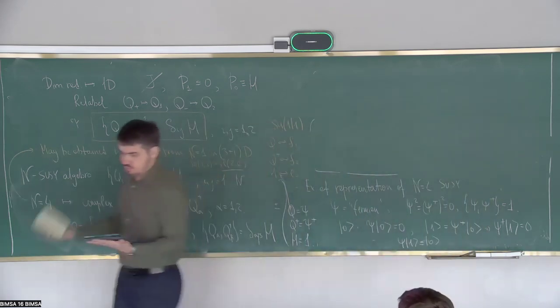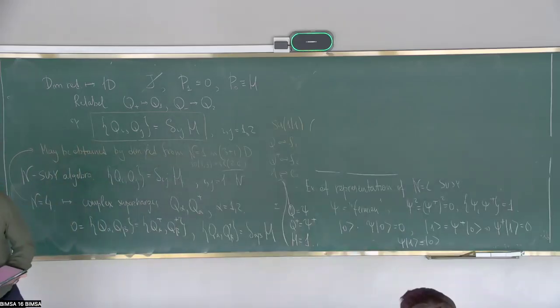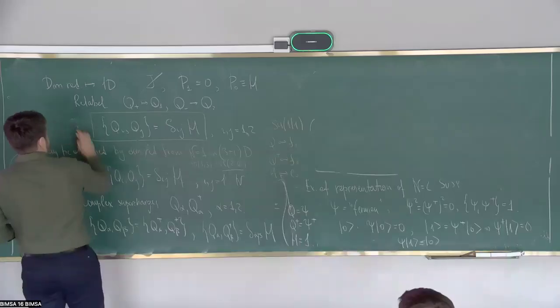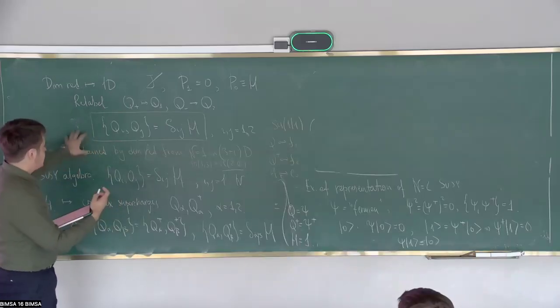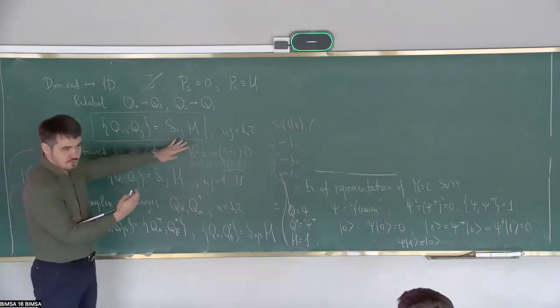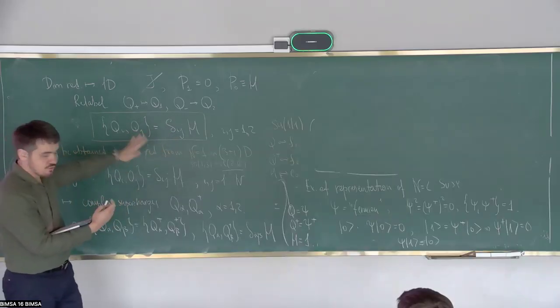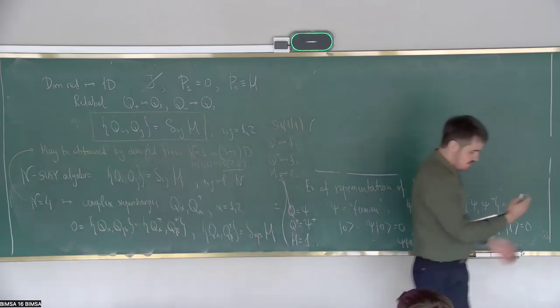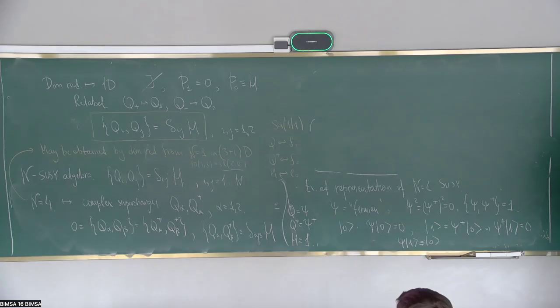This supersymmetry algebra leads to some properties of the spectrum of your Hamiltonian. This is how supersymmetric quantum mechanics differs from non-supersymmetric quantum mechanics: the Hamiltonian is the central element of an algebra, and not just hanging in the air as in usual quantum mechanics. So there are consequences for the spectrum of this Hamiltonian.